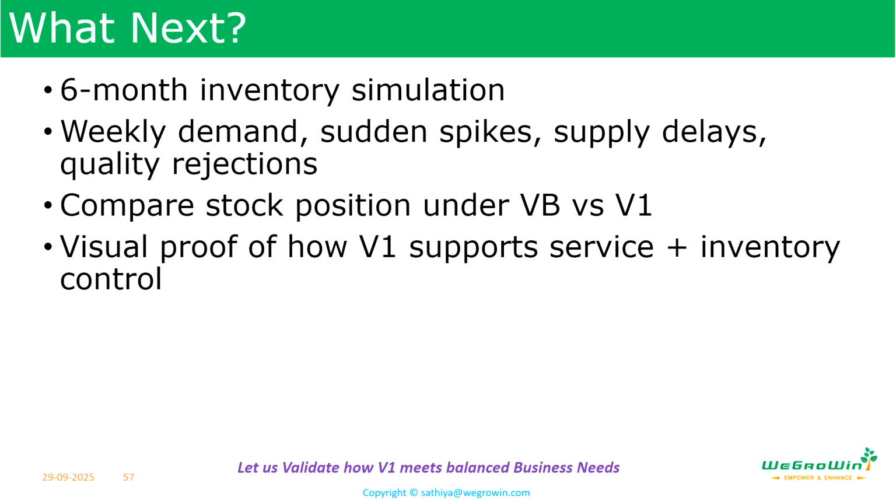To support this, in the next session, we will simulate 6 months of inventory behavior with MRP type VB and V1. I will add weekly demands, sudden spikes, supplier delays, and even quality rejections. Then we will compare how VB and V1 handle these situations. You will see how V1 delivers better service with controlled inventory.